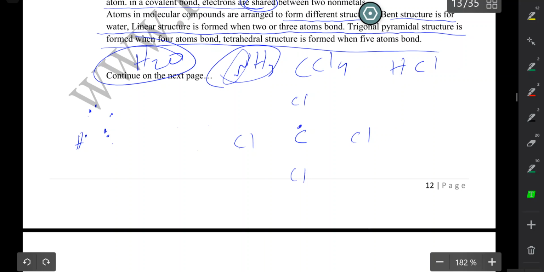So here's the first carbon electron that's going to face the chlorine, second carbon electron, third, and fourth. Chlorine has 7 valence electrons, so it needs access to 1 more. So one of the chlorine's electrons is going to face the carbon electron, and that's what's going to happen.